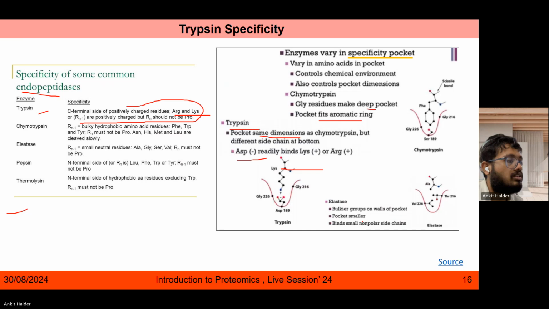Chymotrypsin prefers non-polar side chains. So this is how we can find out the specificity of the enzymes and how it helps in binding this particular enzyme and this protein.